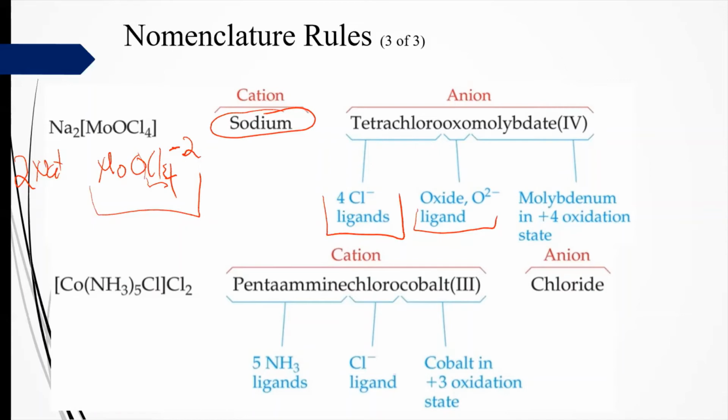Normally we would put molybdenum, but because this is an anion, it's got a -2 charge, then we need to change the ending to -ate.